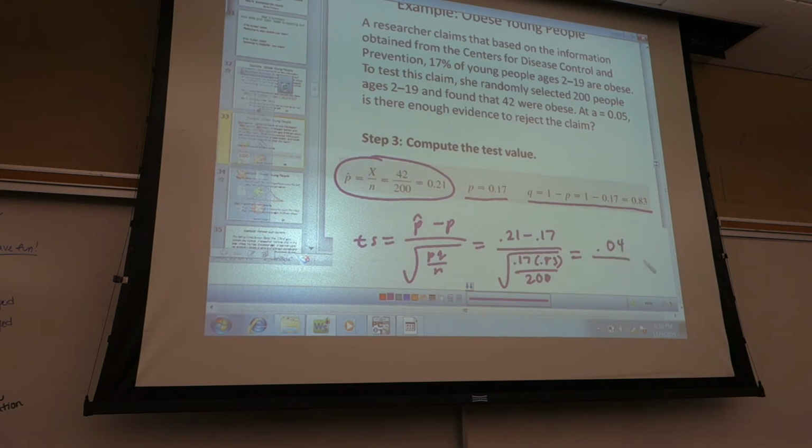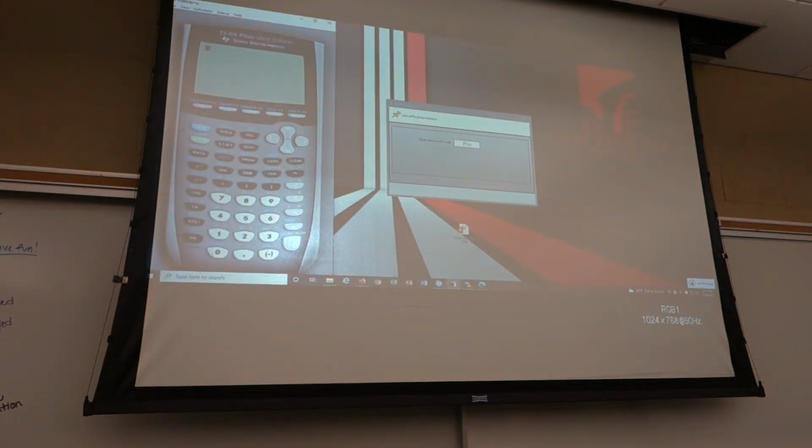Now I've got to find my bottom part. So I'm going to do 0.17, again working from the inside out, times 0.83. Find that, divide by 200.